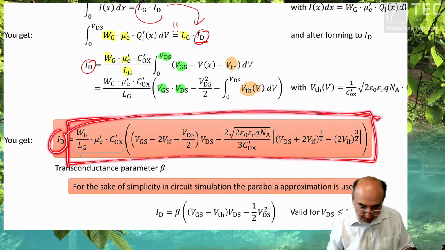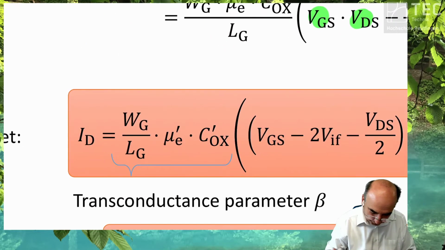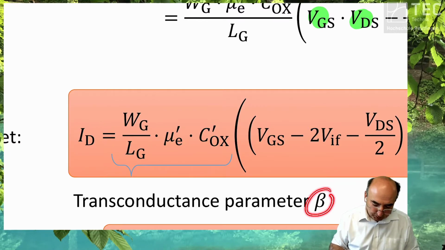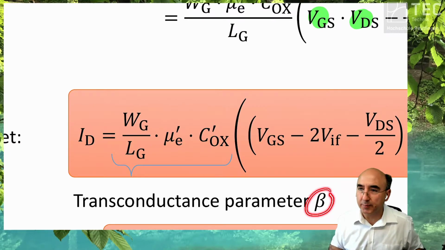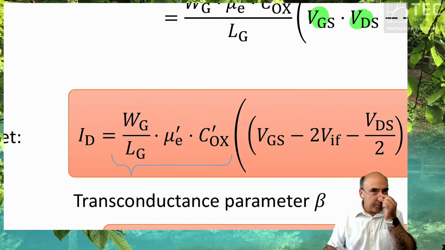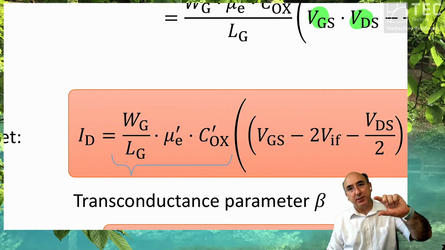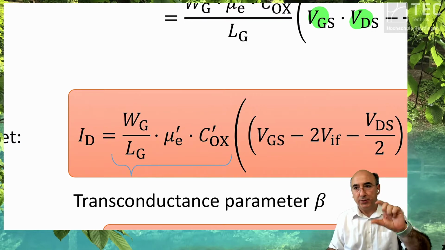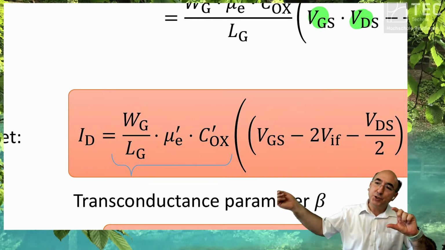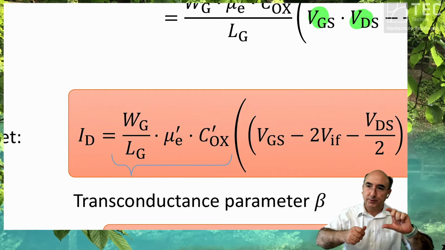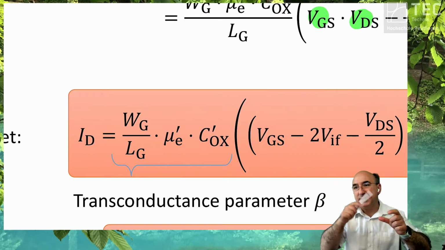Let's analyze the equation. This is the so-called transconductance parameter. What does that mean? The main function of a transistor is its Steilheit, transconductivity. That means you change the control voltage, gate source, you get a changed drain current. So voltage to current translation.